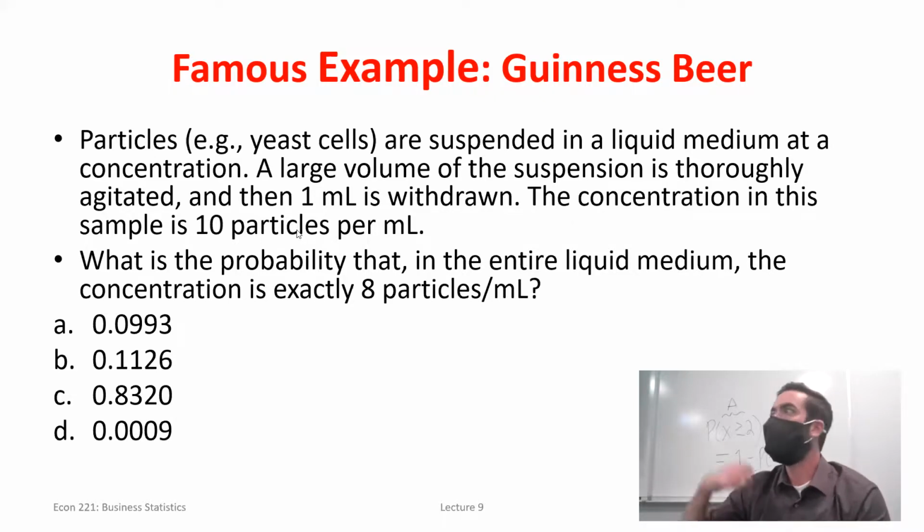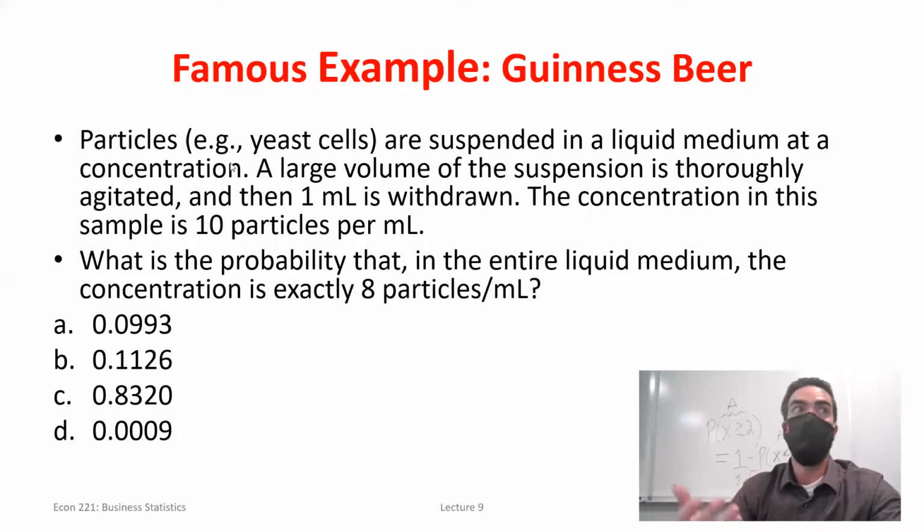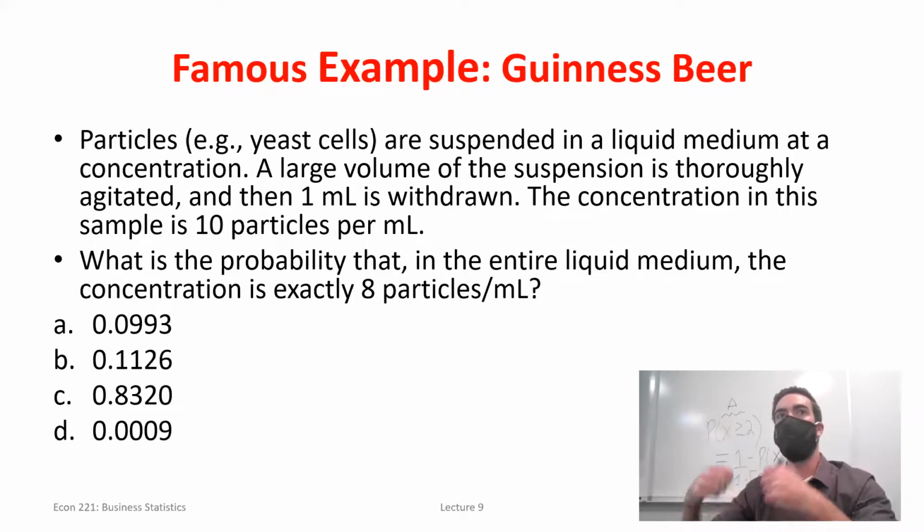So he would sample 1 milliliter at a time, record how many yeast particles were in that milliliter, and over a large number of samples, he realized the average was 10, right? But he also noticed when he recorded, sometimes he didn't see 10, right? That was the average. Sometimes he saw 9, sometimes he saw 8. So he recorded all these samples and then essentially built a probability distribution by just like we did, building a frequency distribution for the number of times he saw 0, the number of times he saw 1 particle, 2, 3, so on.